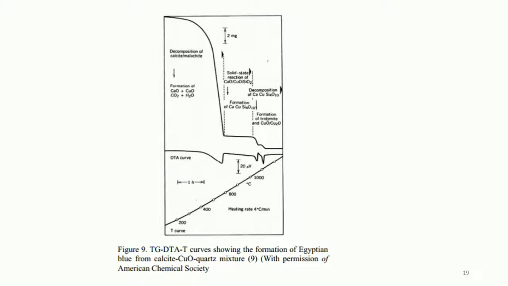The thermal stability of the isostructural compounds, strontium SrCuSi4O10 and barium BaCuSi4O10, is greater than that of the calcium compound, since they decompose at 1150 and 1170 degrees Celsius respectively.